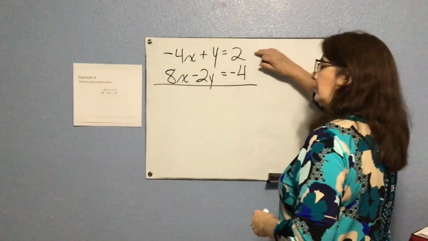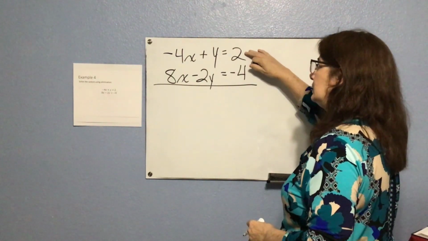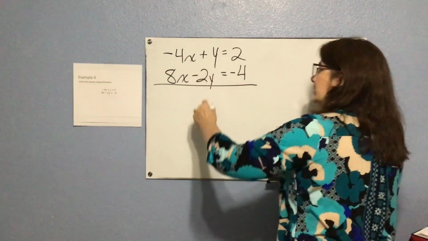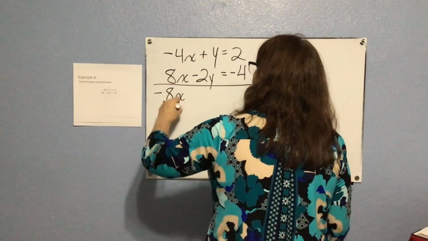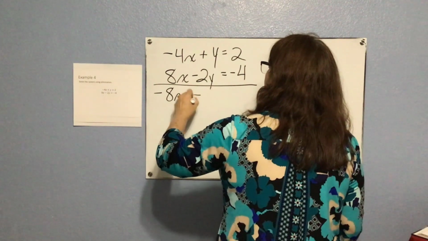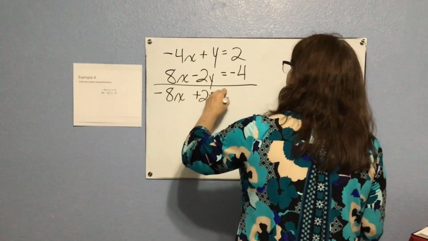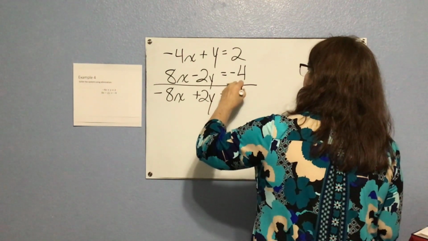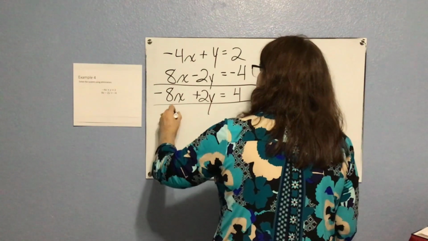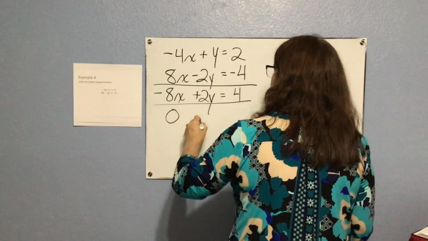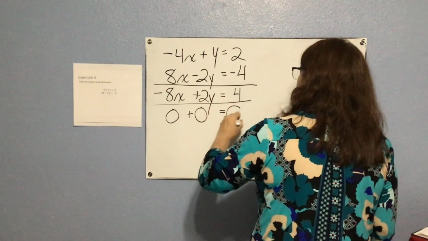So there's my two original equations. I'm going to multiply the first equation by 2, because I know that's going to make my 8's drop out. And now when I add these two equations together, 0x plus 0y equals 0.